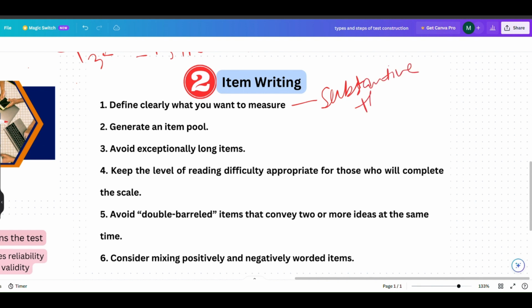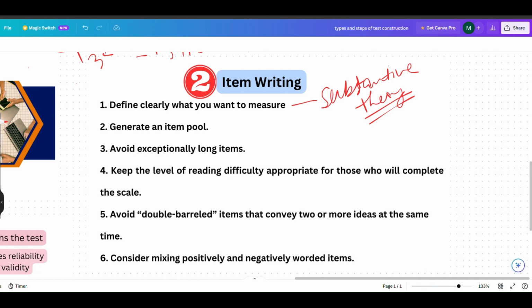And the theory comes from literature review. Suppose again if we take intelligence scale, there are a lot of theories. So the test material which we are making will be dependent on the theory.